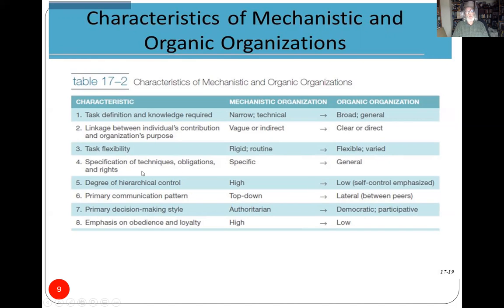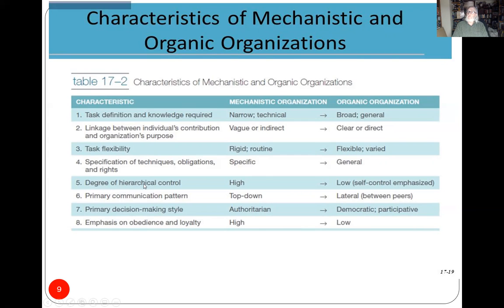How much are obligations and rights spelled out, or are we going to have a broader, looser atmosphere? Well, in mechanistic organizations, the rules are spelled out. They are bureaucratic. There's a rule for everything, and a permit needed to get a rule. Over here, in organic organizations, you have a broader interpretation. You create the culture together that says this is how we work and this is not how we work.